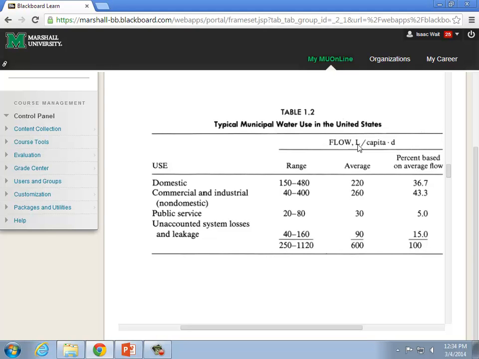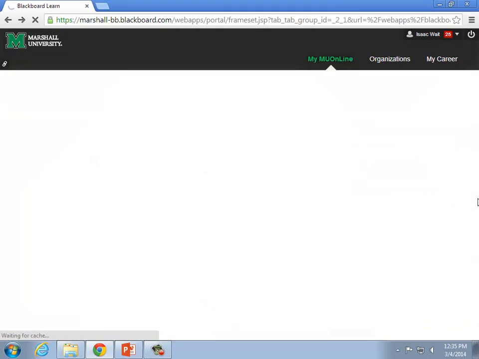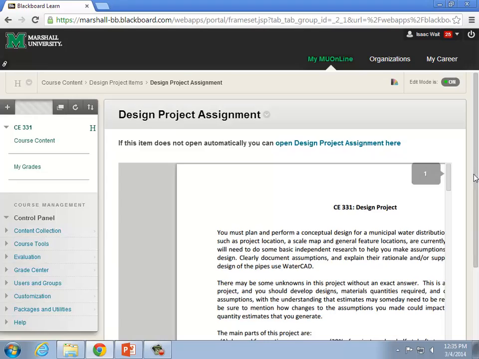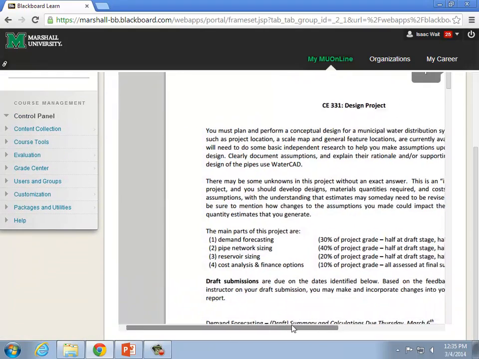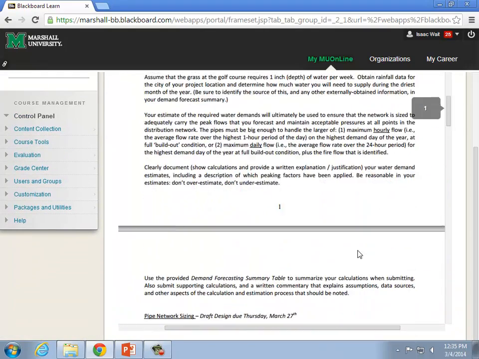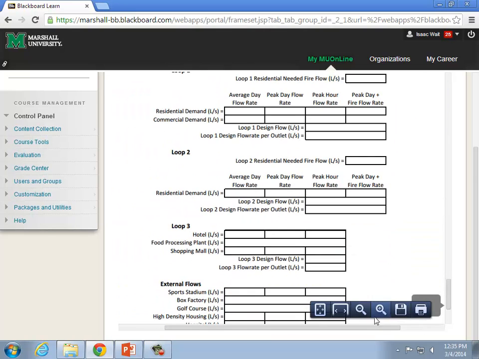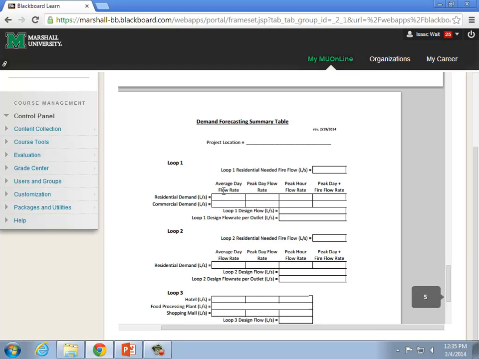There's also a peaking factor that you have to apply, though. Let's go back to the PDF that has the assignment description, because I think I've put the summary table there that you need to submit on Thursday. In addition to all of your calculations, you need to fill out this summary table. Okay, so average day flow rate.